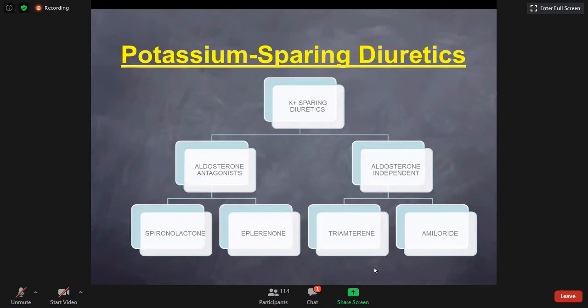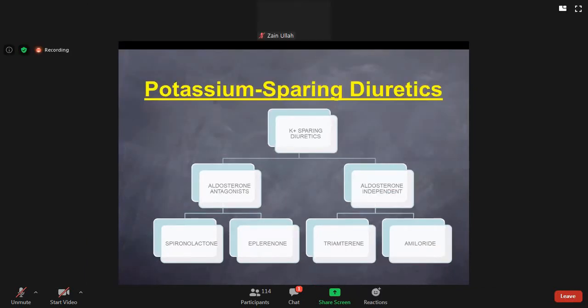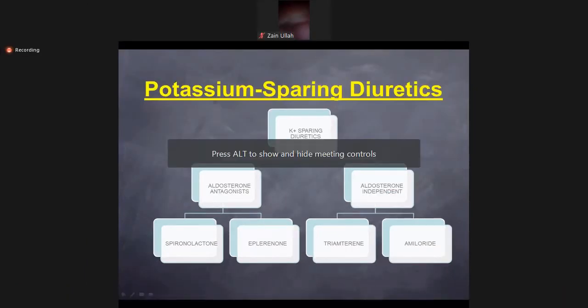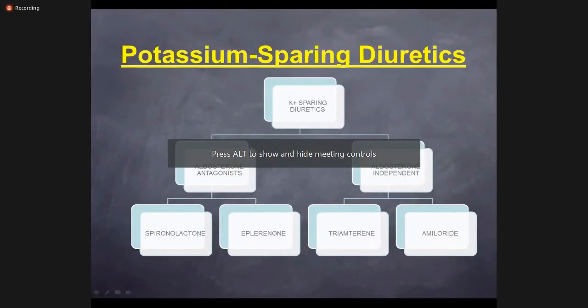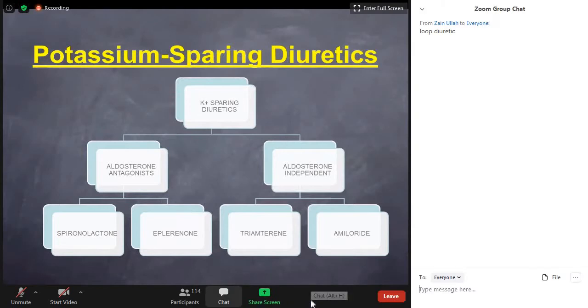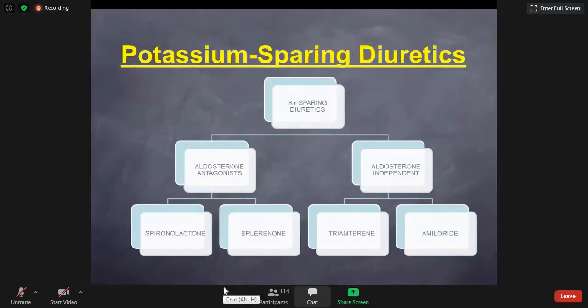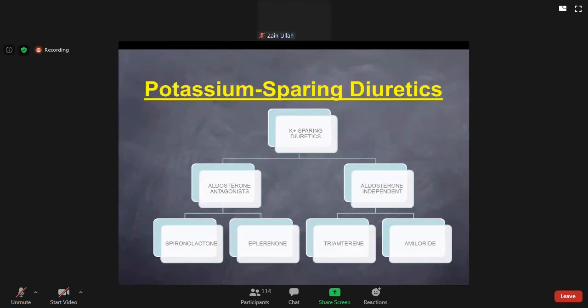So is there any clinical importance of knowing this? Yes, because one important clinical correlation we have discussed in our lecture: there is a scenario in which an old female lady has a history of osteoporosis, weaker bone history, and you require a diuretic in that female to control her blood pressure.